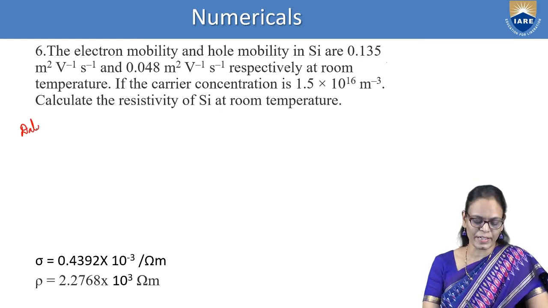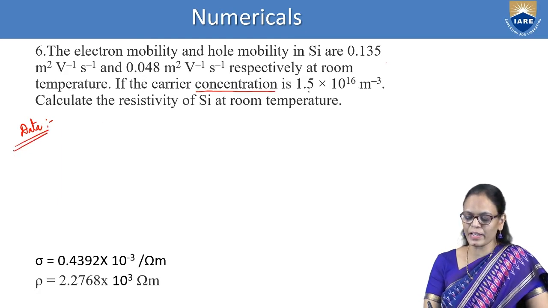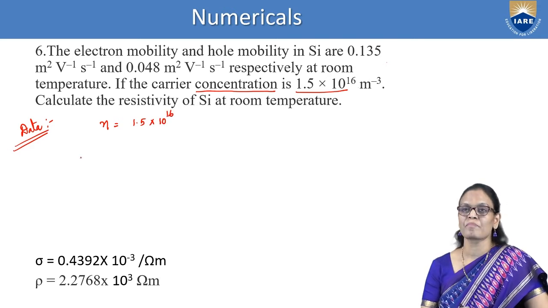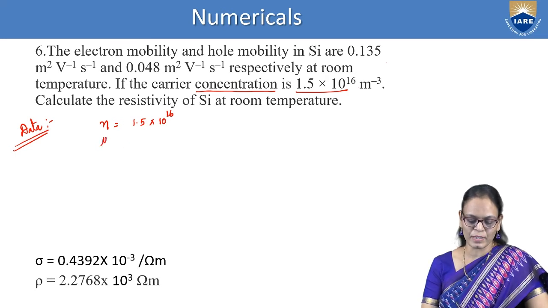So what is the data? The carrier concentration N is equal to 1.5 into 10 power 16. Then we are given the mobility.